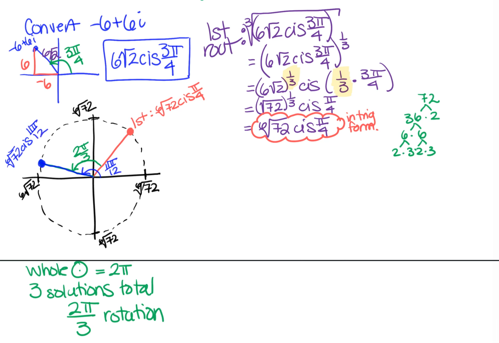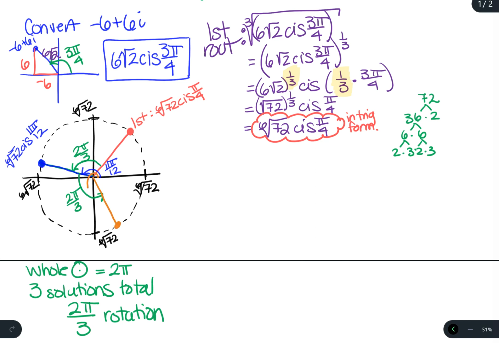And then my third solution. Well, my third solution is going to have the same relationship. So the same relationship is going to be that we are 2 pi over 3 from the last solution. So if I start with my 11 pi over 12 and I add 2 pi over 3 to that, that's going to give me my third angle, which is right here.